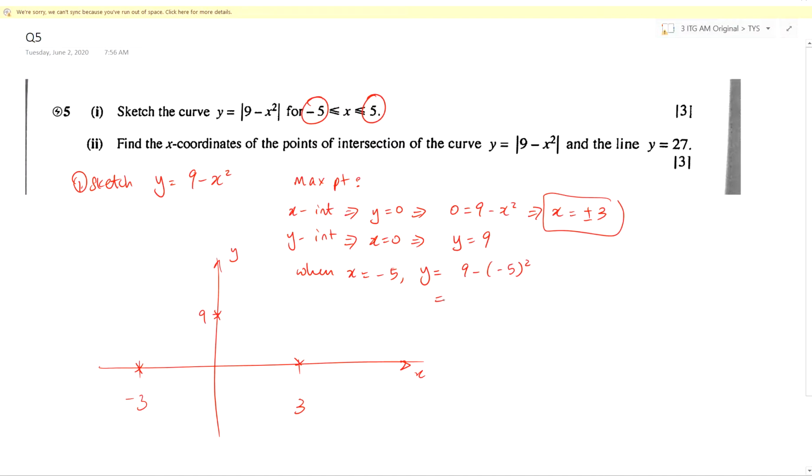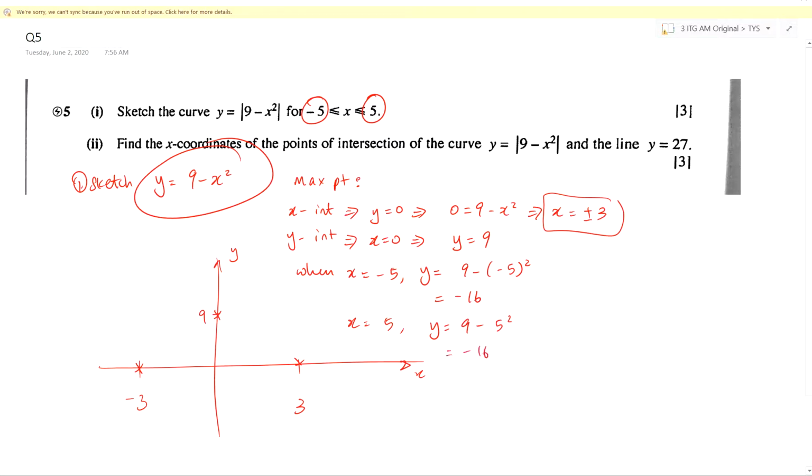How much is this? 16 or negative 16? Negative 16. I am now sketching this graph, y equals to 9 minus x squared. I am not doing modulus yet. So when x equals to negative 5, we have negative 16. When x equals to 5, y is again equal to negative 16.